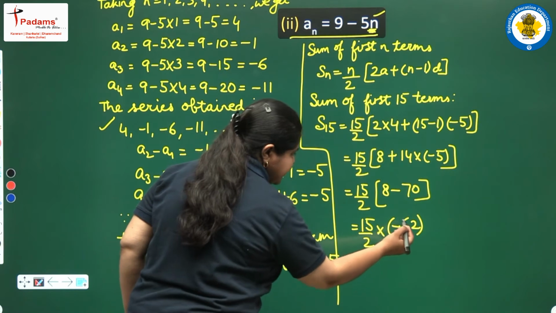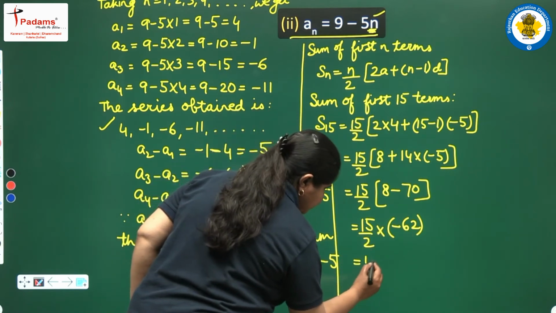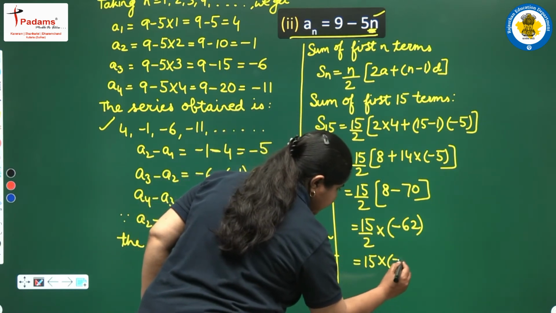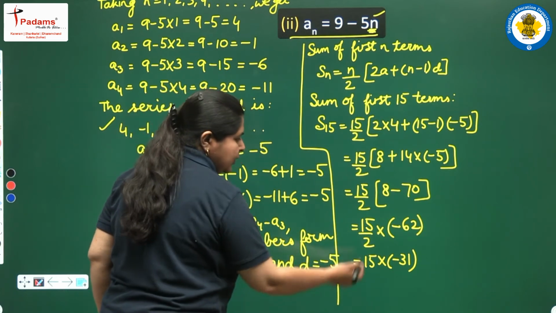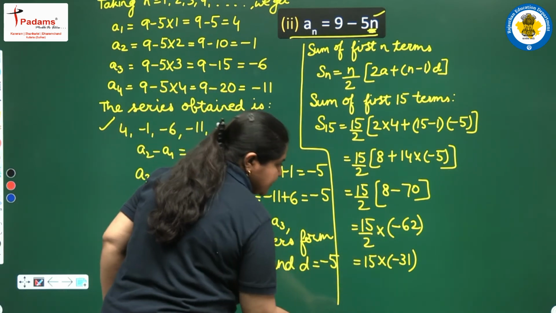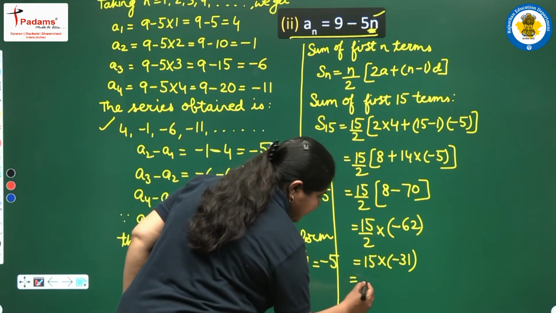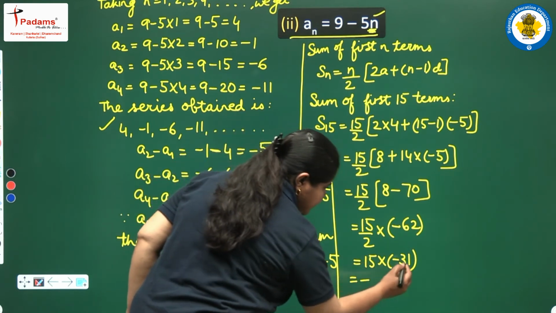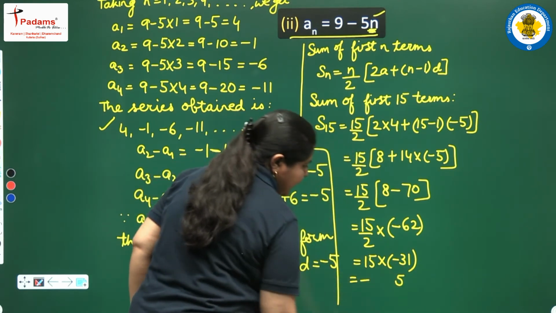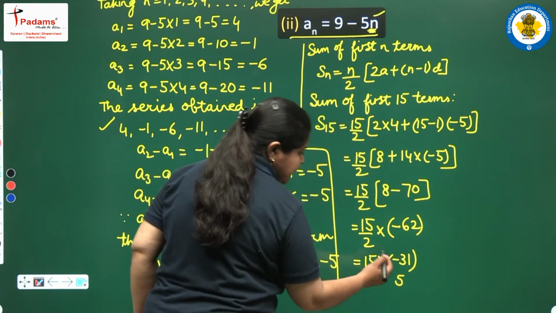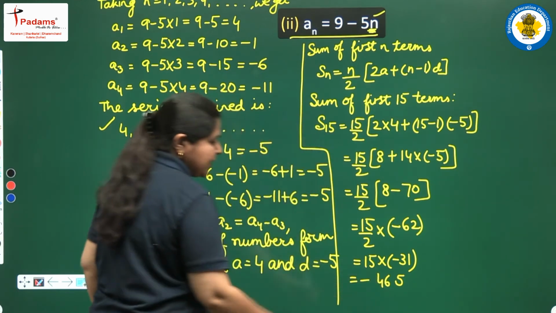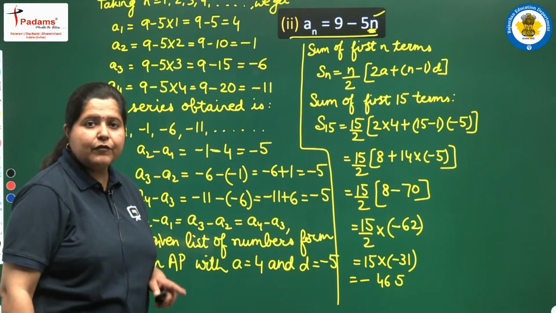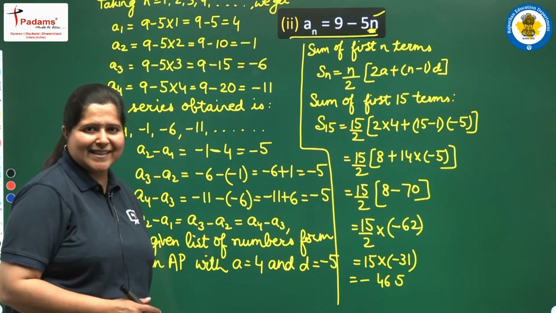Now we can divide 62 by 2. This will be equal to 15 into minus 31. As you can see, on dividing by 2, we get it minus 31. This now on multiplication will give us minus 15 ones are 15. So 5 will be here, 1 carried, 15 threes are 45 and 1 it will be 46. So minus 465 is the sum of first 15 terms in this case.